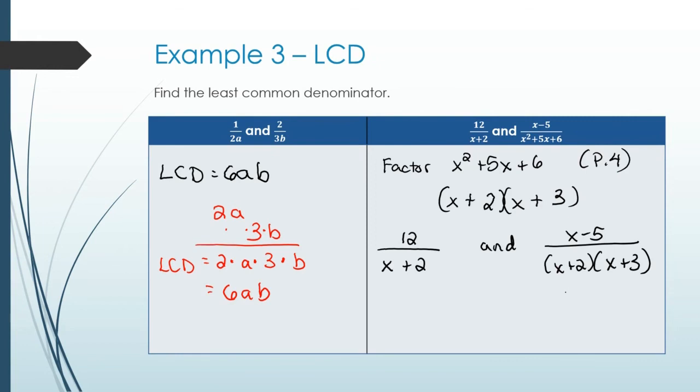The first denominator we have is x plus 2. If it doesn't have parentheses like that, you can always group it as having parentheses. So that's x plus 2. The second one is x plus 2, x plus 3.